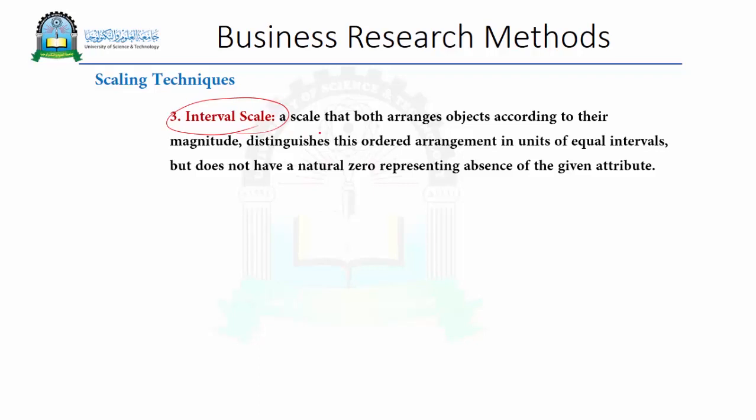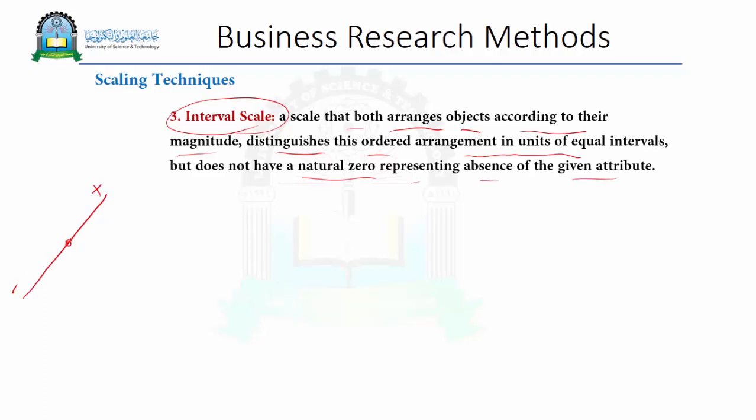This scale both arranges objects according to their magnitude and distinguishes this ordered arrangement in units of equal intervals, but doesn't have a natural zero representing absence of a given attribute. So it is like a continuum like this from negative to positive.